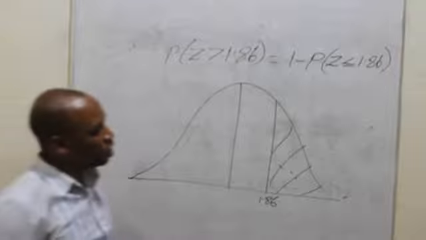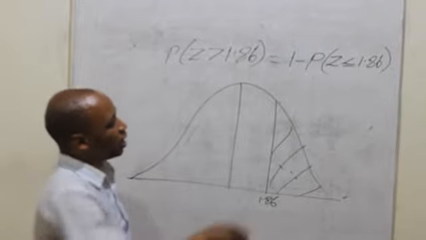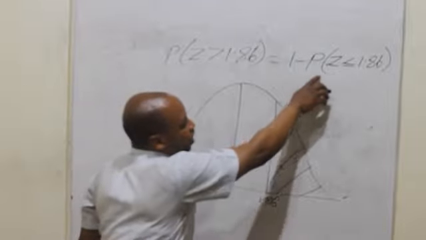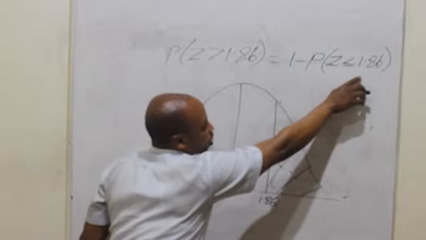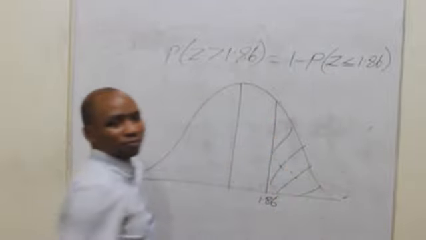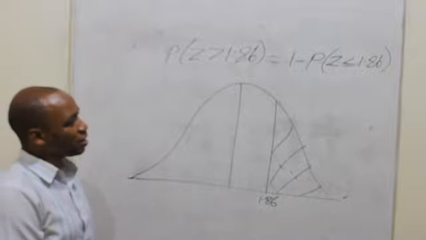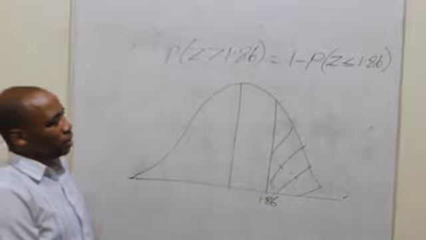So what we only need to do is go to the normal distribution table and read the area that corresponds to this, which is the probability of Z less than or equal to 1.86. Now let's go back to the slides.